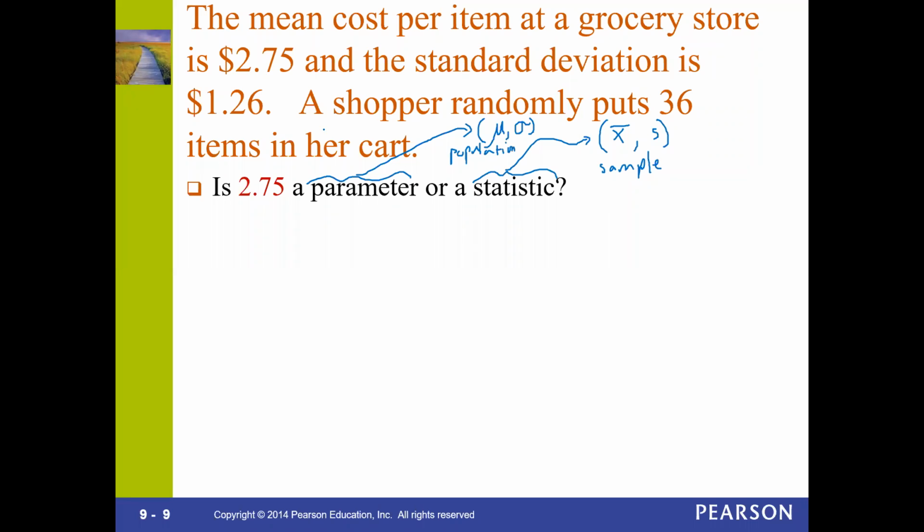So this is my question to you. Do you think $2.75 would be x bar or mu? That's why I say parameter or statistic. The mean cost per item at the grocery store is $2.75, and the standard deviation is $1.26. A shopper randomly puts 36 items in a cart. Is $2.75 a parameter or a statistic?